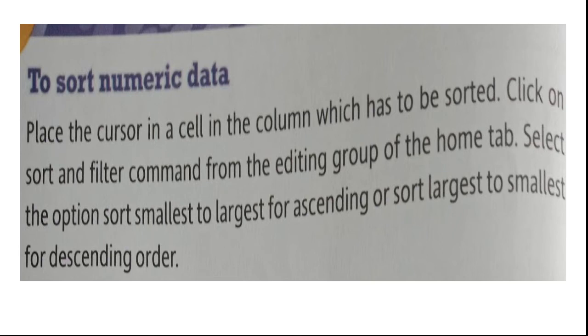Place the cursor in a cell in the column which has to be sorted. Click on the sort and filter command from the editing group of the home tab. Select the option sort smallest to largest for ascending, or sort largest to smallest for descending order.